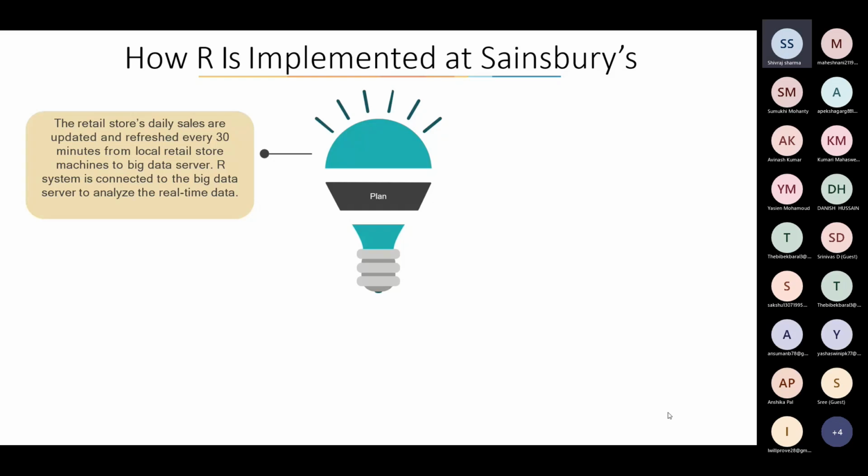So it is not needed that it be analyzed only on a closing day or on weekdays or weekends. While the data is updating every 30 minutes, the R system connected to the big data analyzes it in real time. So the present scenario, the very instant analysis, can be provided by the R system. Okay.